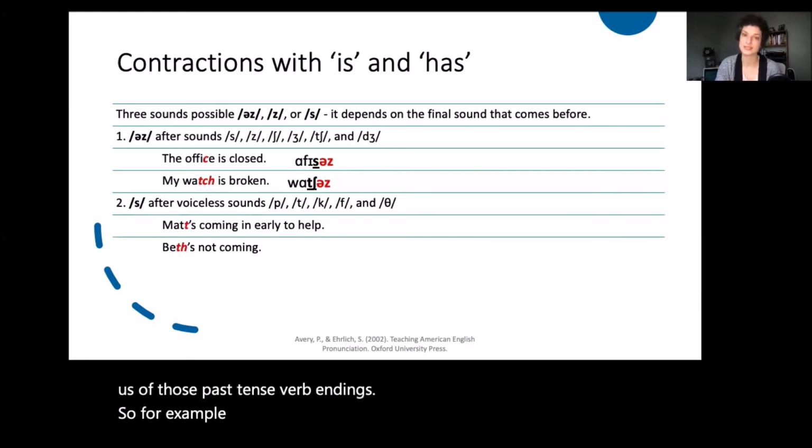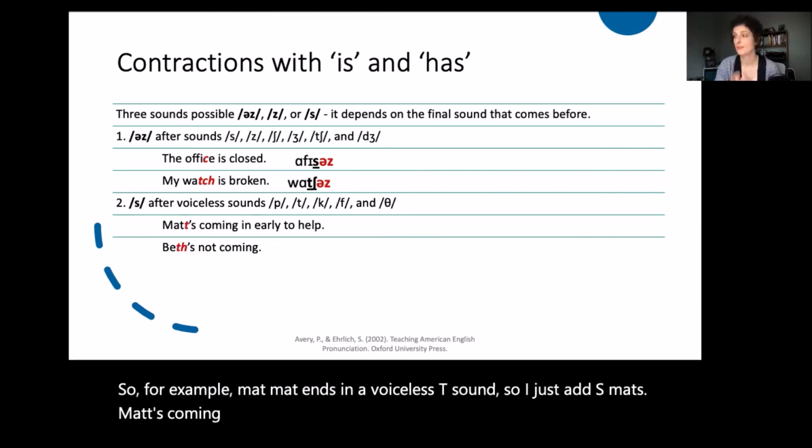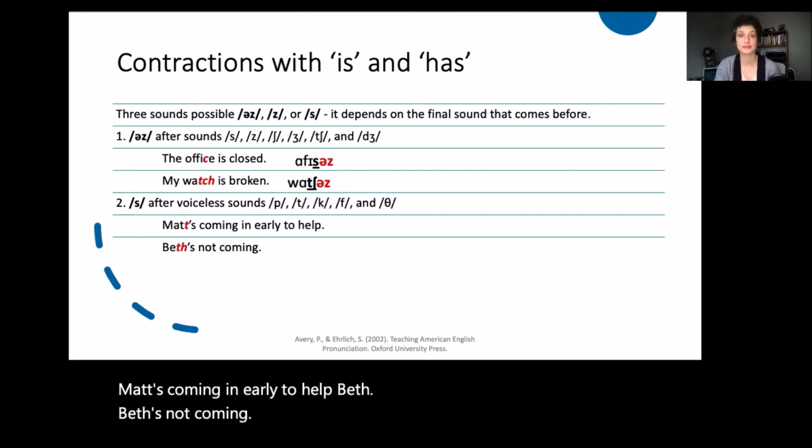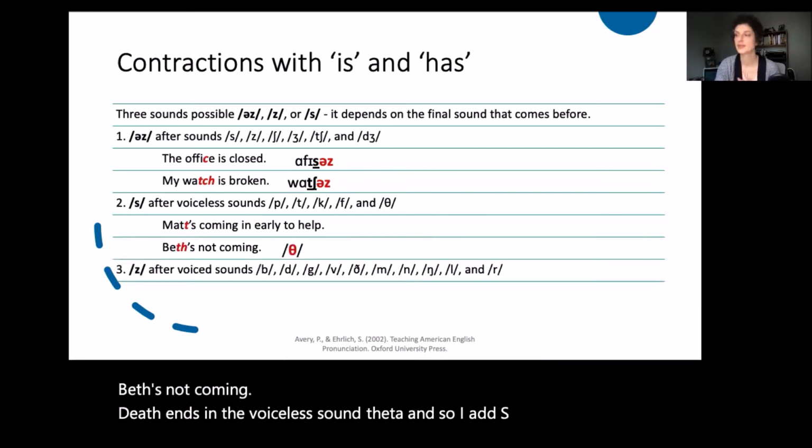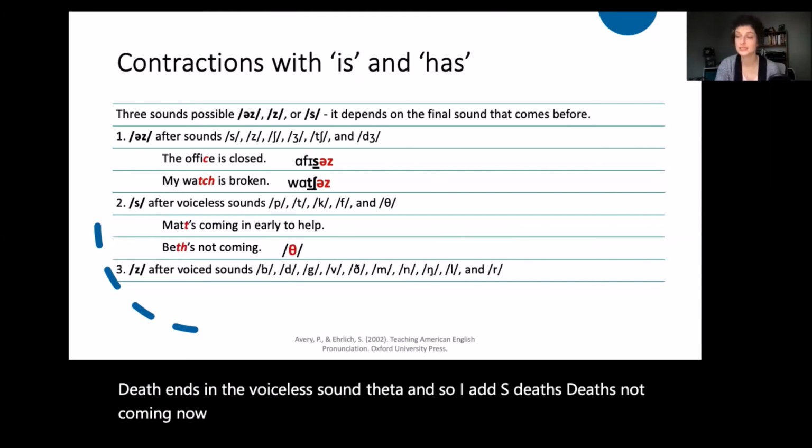Matt ends in a voiceless T sound, so I just add S. Matt's coming in early to help. Beth's not coming. Beth ends in the voiceless sound theta, so I add S.